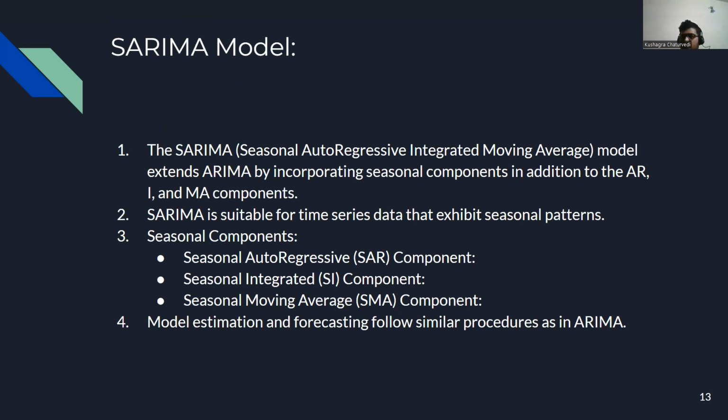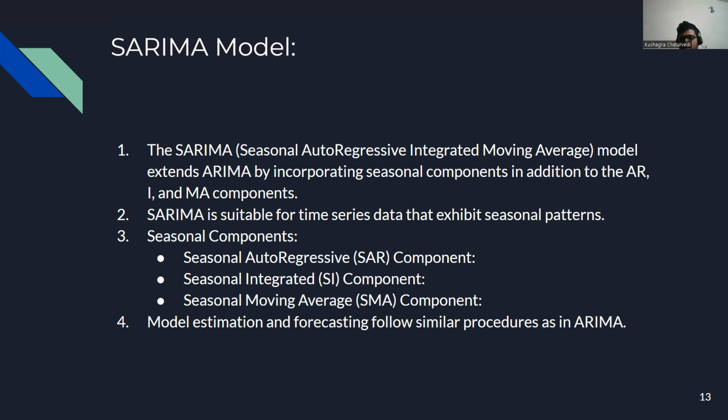Seasonal ARIMA refers to seasonal autoregressive integrated moving average, and it incorporates the seasonal component that was not present in ARIMA models. SARIMA is suitable for time series data that exhibits seasonal patterns.